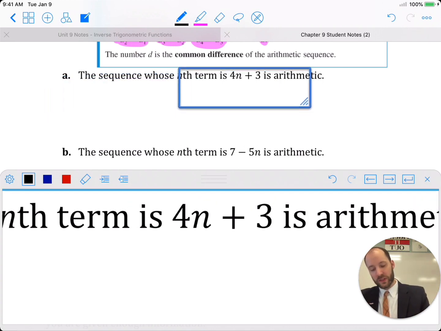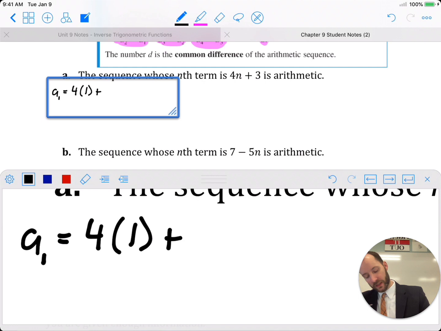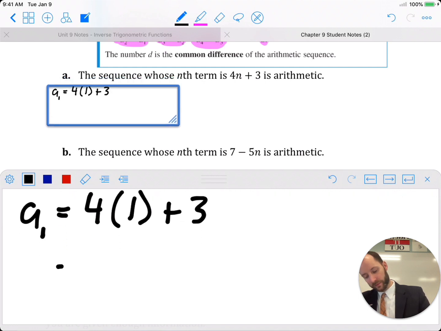So a sequence whose nth term is 4n plus 3. So whatever term you want, the first, second, third, 58th, plug that number in for n. So the a sub 1 term, 4 times 1 plus 3, and you get 7.